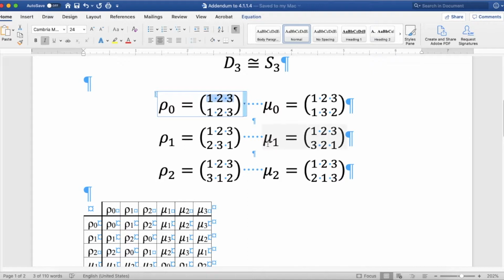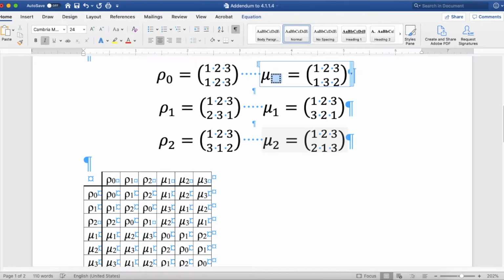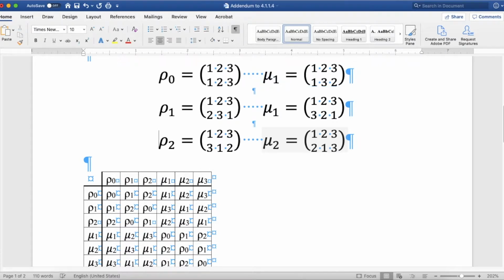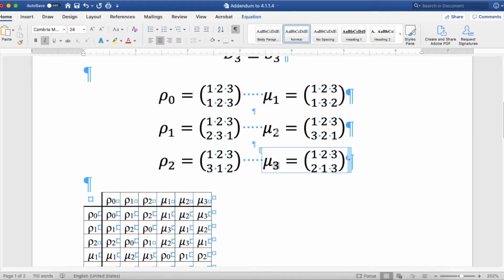So then mu1 keeps position 2 where it is and flips 1 and 3, and then mu2 keeps position 3. Oh, you know what? I labeled those wrong, didn't I? They should be 1, 2, and 3. It's a little less confusing. So mu1 keeps 1 straight, mu2 keeps 2 straight, and mu3 keeps 3 straight.